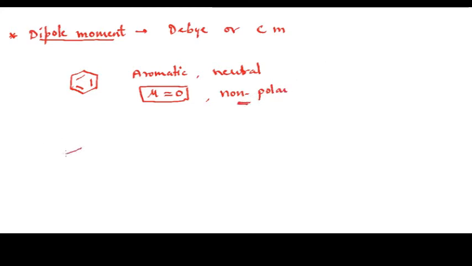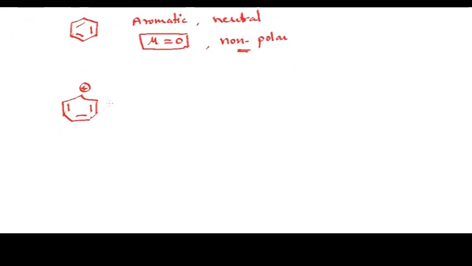Whereas if a molecule is aromatic but is not neutral, then let me explain how you can calculate the dipole. Let us say this is the case. Now first of all, let us find out whether this molecule is aromatic or not. Aromaticity can be checked by these things: it is cyclic, it is planar as well because all the carbons are sp2 hybridized, and it is completely conjugated.